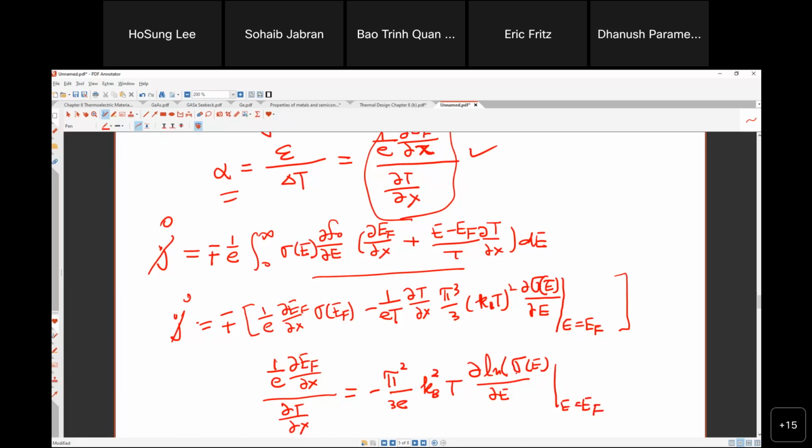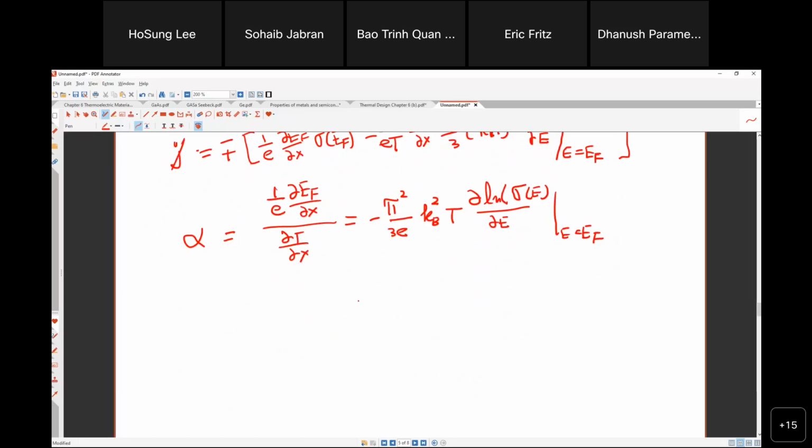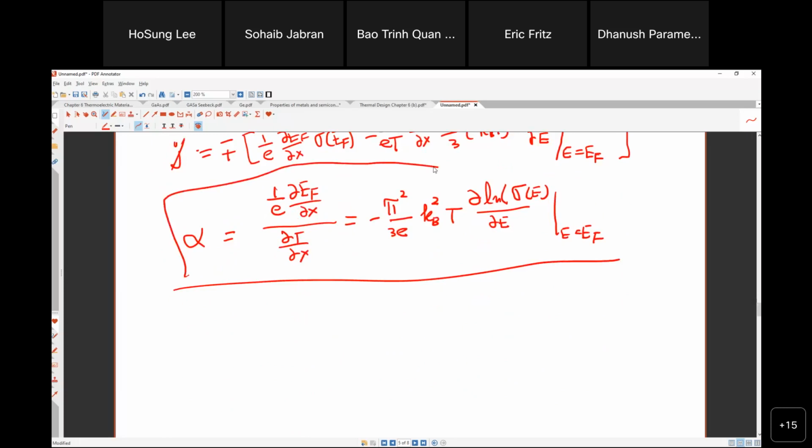Natural law, electrical conductivity, derivative with respect to, and this is CBEC according to. So, wow, this is a beautiful Mott formula, is known.